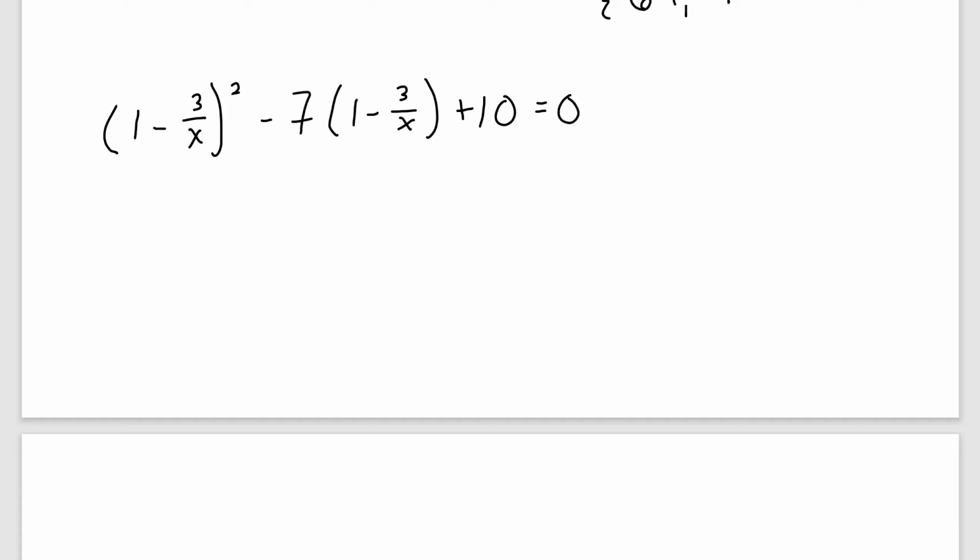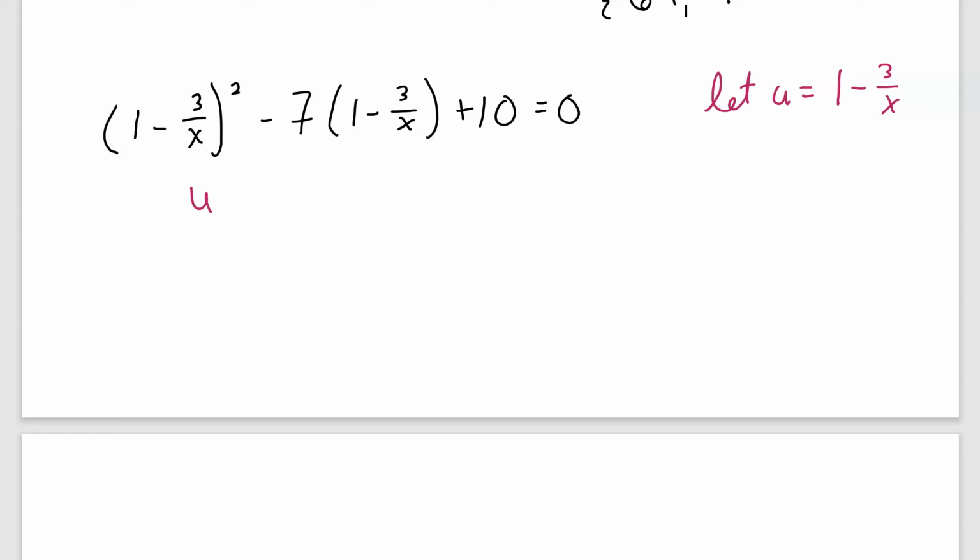Let's look at if we have 1 minus 3 over x quantity squared minus 7 times 1 minus 3 over x plus 10 is equal to 0. Now in this case, I'm going to let u equal my 1 minus 3 over x.